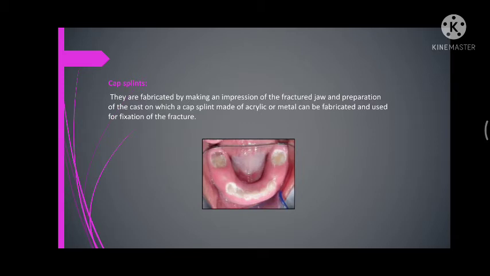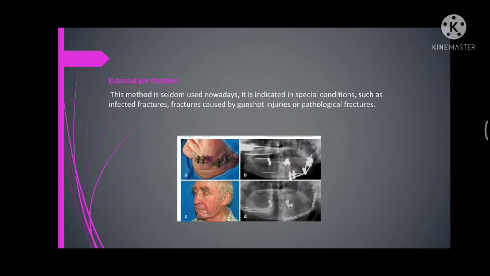They are fabricated by making an impression of the fractured jaw and preparing a cast on which a splint made of acrylic or metal can be fabricated and used for fixation of the fracture. External pin fixation. This method is seldom used nowadays and is indicated in special conditions such as infected fracture, fracture caused by gunshot injury, or pathological fracture.